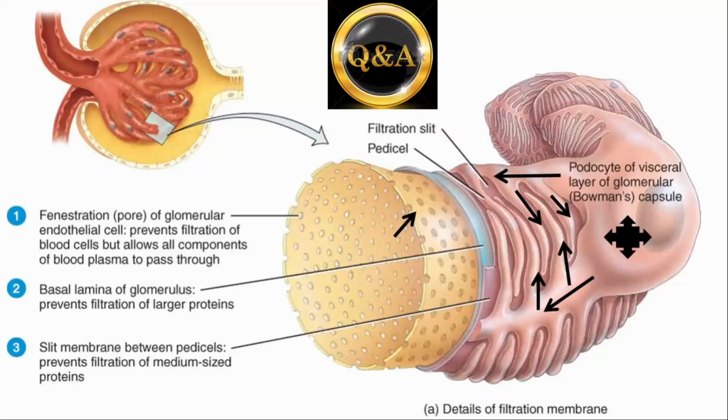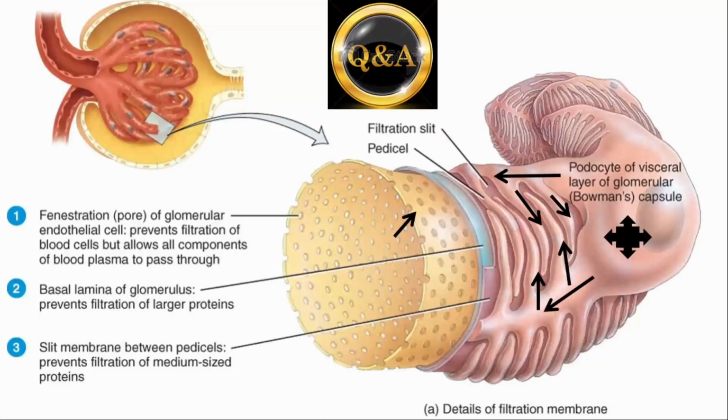We looked at the outer part of the capillaries made by the visceral layer of Bowman's capsule. Now let's have a look at the capillary type in the glomerulus. It is the fenestrated type of capillaries.